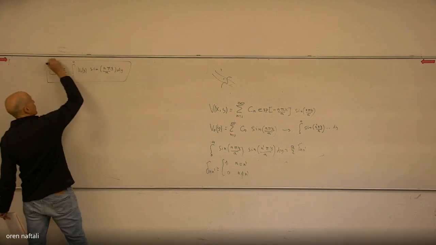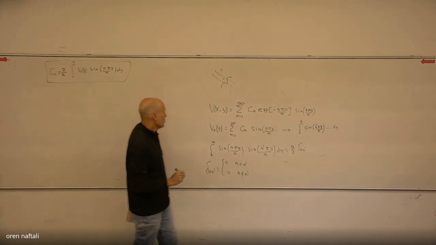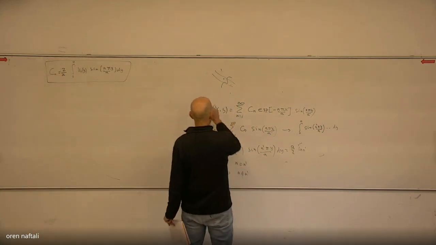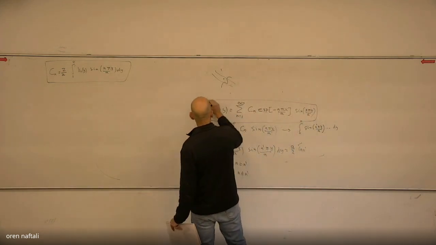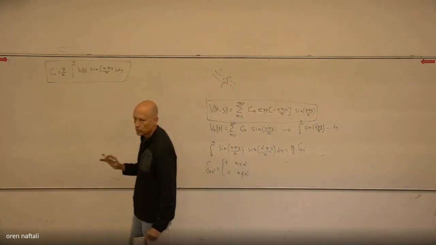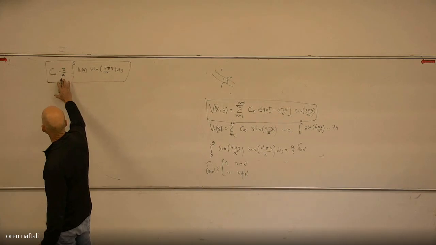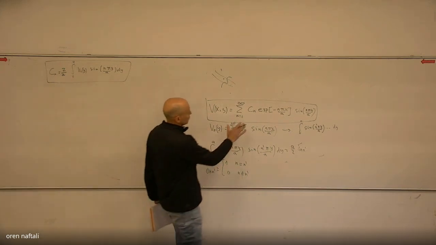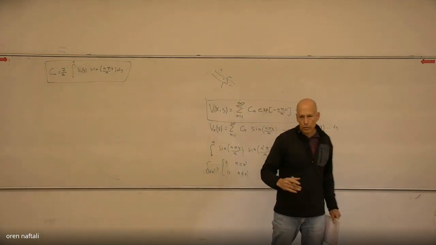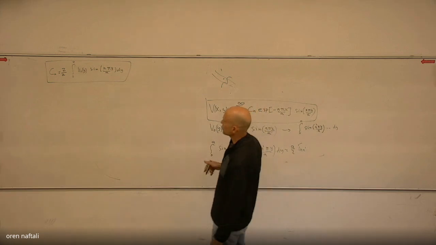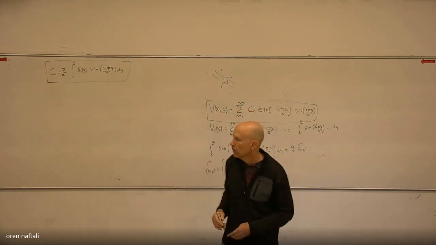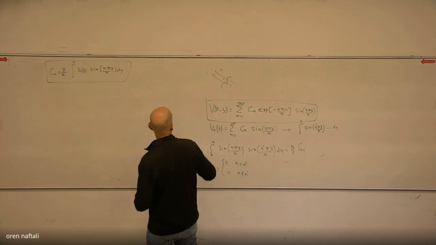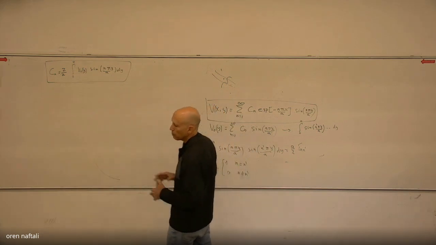This equation together with this equation are the solutions, because I express Cn and then I need to sum the series. Of course, if you give me some function, I need to do this integral. It can be difficult, it can be easy, whatever. And then you need to sum an infinite series in principle.